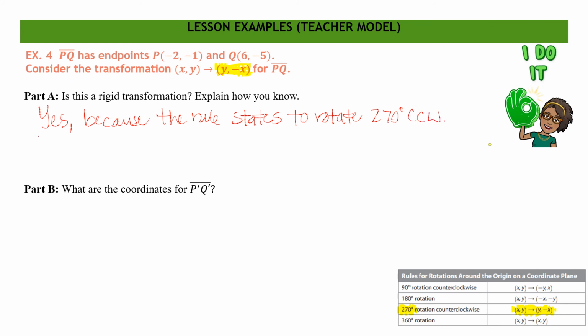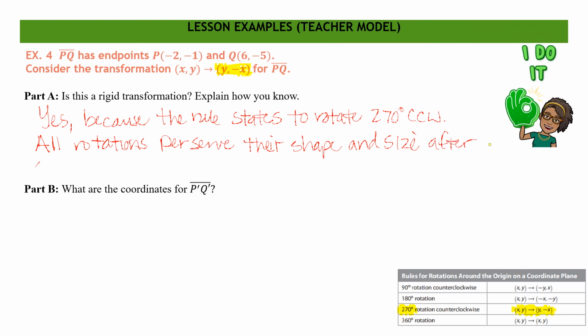Also, we know that all rotations preserve their shape and size after a transformation.